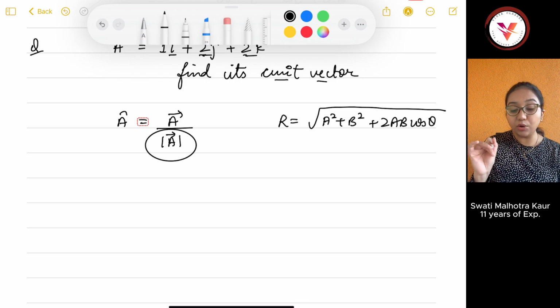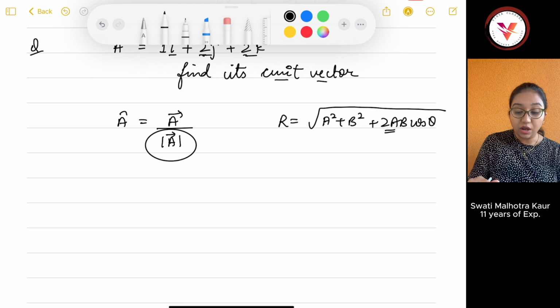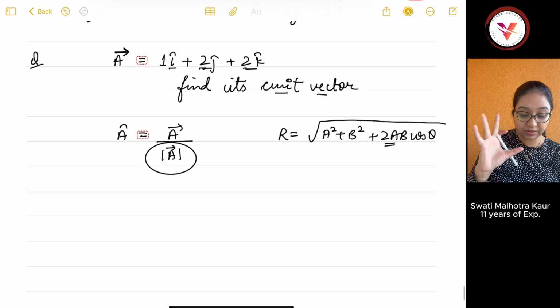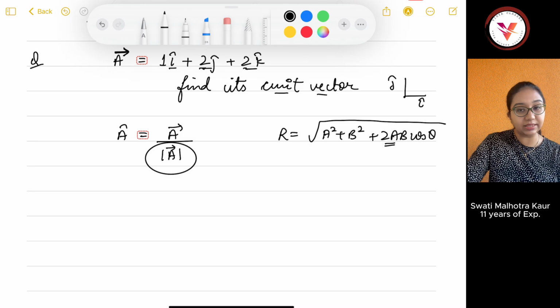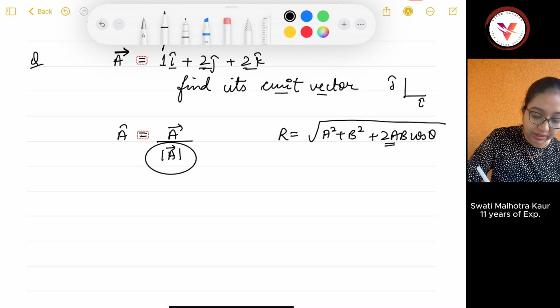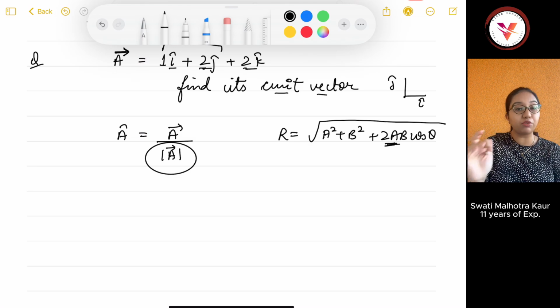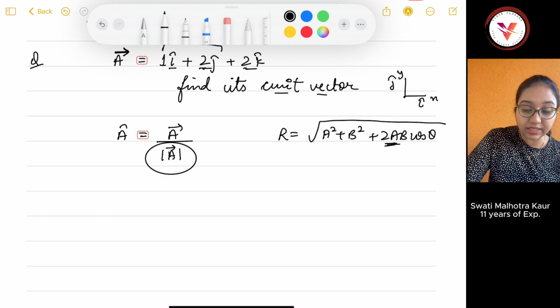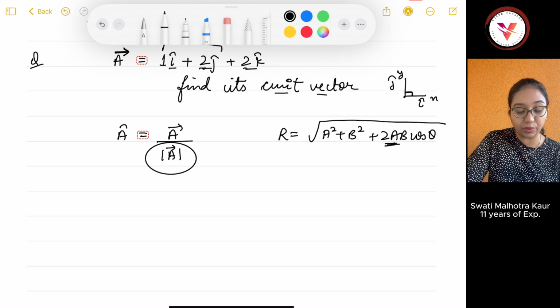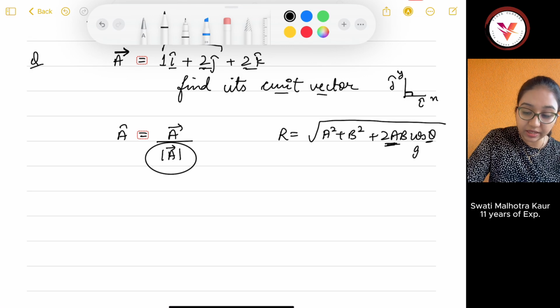Okay, now you don't have to remember this. You just have to remember that i cap and j cap are along the x-axis and y-axis. These are two vectors. First, take these two vectors because I have told you that this formula is valid for two vectors. Now understand that i cap and j cap are along the x and y axis, so they are perpendicular to each other. That means theta here is 90 degrees.